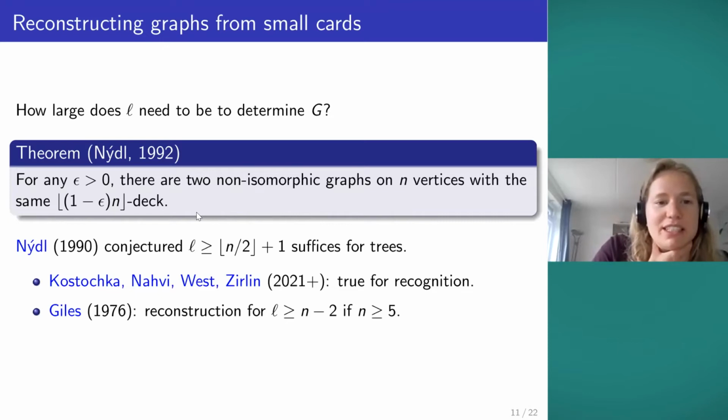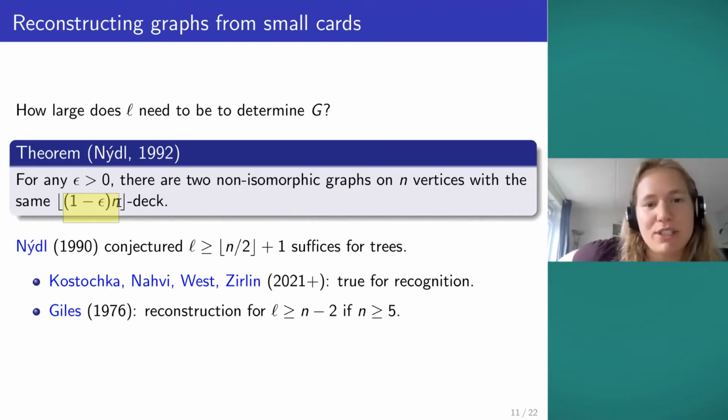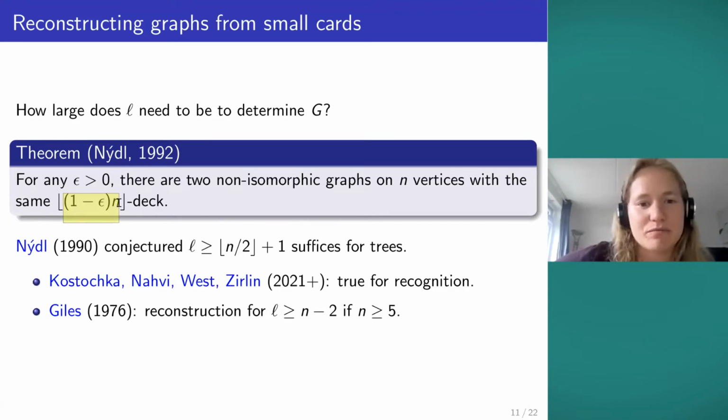That's quite a natural question, but Nýdl solved this in 1992. In fact, there are non-isomorphic graphs on n vertices that have the exact same subgraph counts for all subgraphs on sizes asymptotically close to n. So for any epsilon, we can get the same (1 minus epsilon) times n deck.